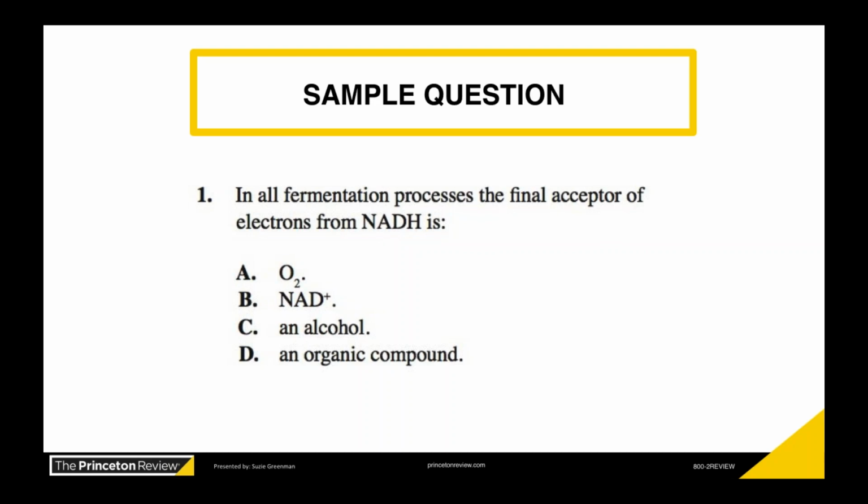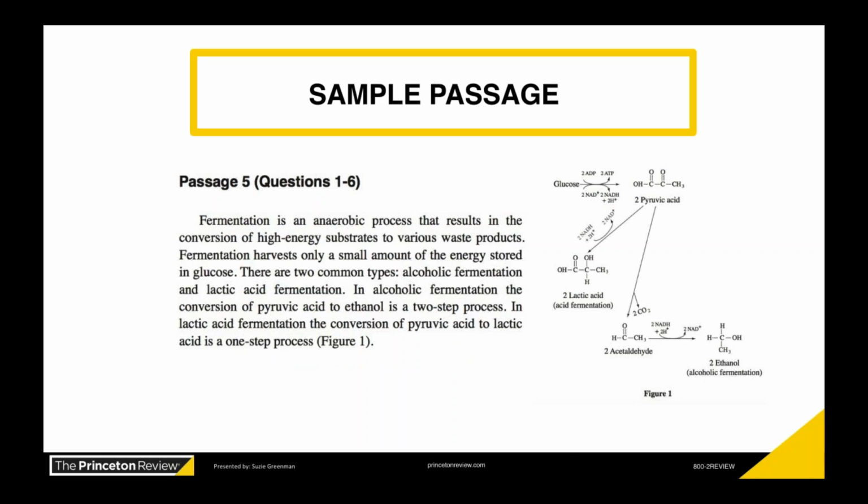So, okay, we're down to an alcohol versus an organic compound. So let's think about it. What is the acceptor of an electron for NADH? If we go back here, let's take a look. So we're making either lactic acid or ethanol. But what's the acceptor, right?